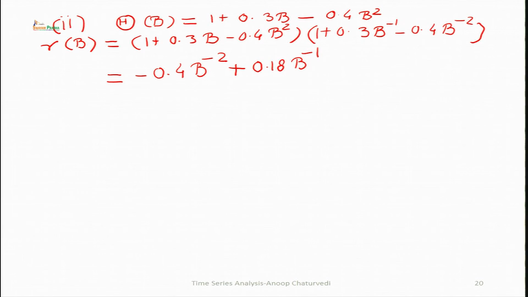Then, to obtain the terms having b to the power 0, you multiply this 1 by 1. So, 1 plus this term by this term means 0.3 b by 0.3 b inverse. So, you get 0.09 plus the third term minus 0.4 b square by minus 0.4 b minus 2.